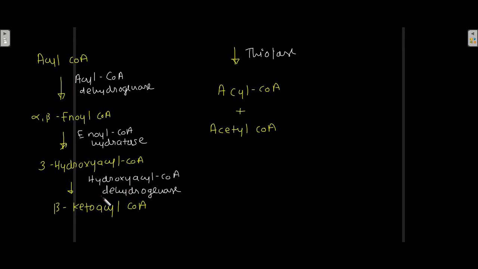At last, this beta ketoacyl coenzyme A is converted into acyl coenzyme A and acetyl coenzyme A, and that reaction is catalyzed by thiolase.